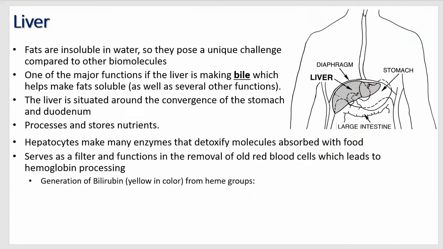Okay, so we've moved into the small intestine. We have a flush of secretin that was released, and that's going to cause the release of bicarbonate from the pancreas, and CCK, cholecystokinin, which is going to release a lot of the enzymes from the pancreas.